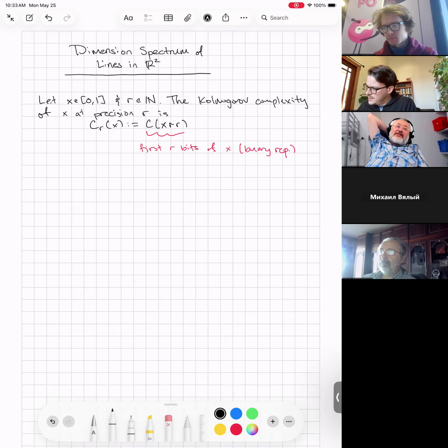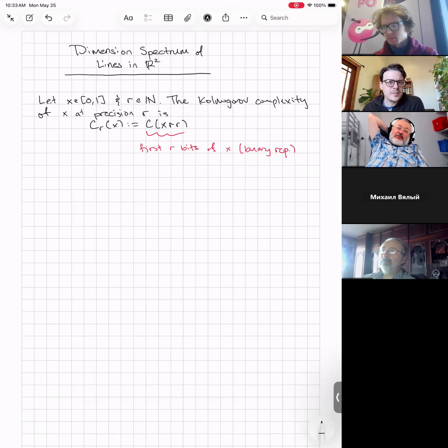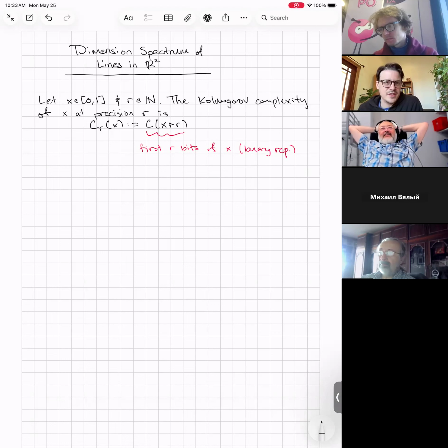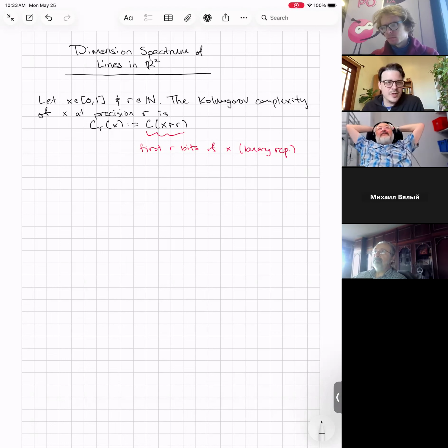Which is the same as the minimal complexity of a rational approximation with precision 2 to the minus r, up to some logarithm or whatever. There are a lot of equivalent definitions that are the same up to a logarithmic error. Binary representation is a very robust choice.